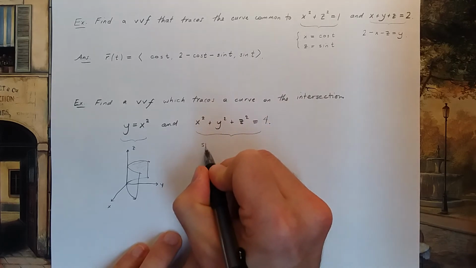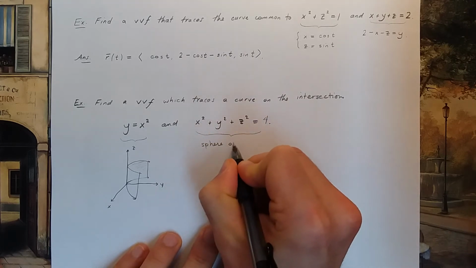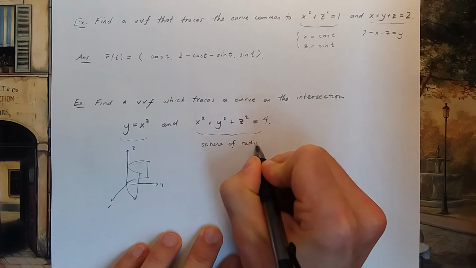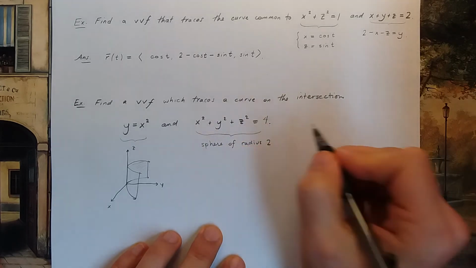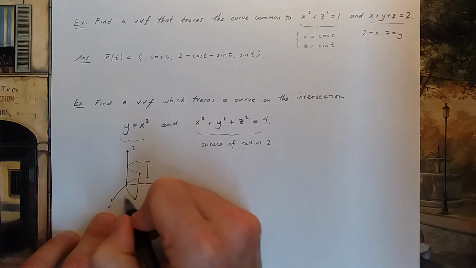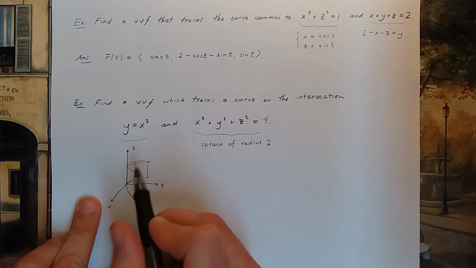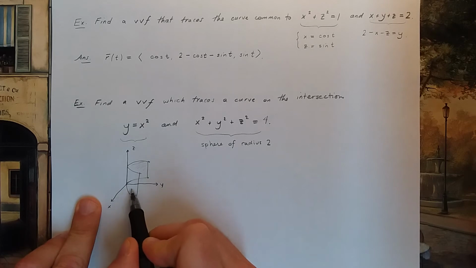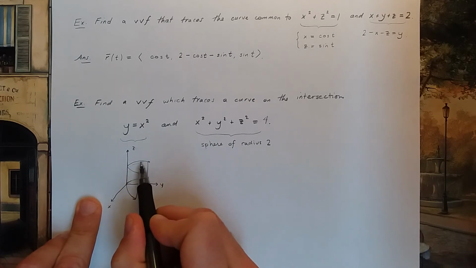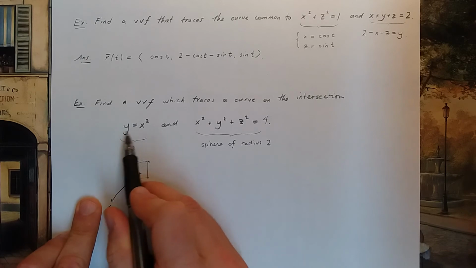This is a sphere of radius 2 centered at 0, 0, 0. So I'm not going to attempt to draw a sphere of radius 2, but I would have a sphere here. And I'm looking for a curve that lies on both the sphere and this other three-dimensional shape.